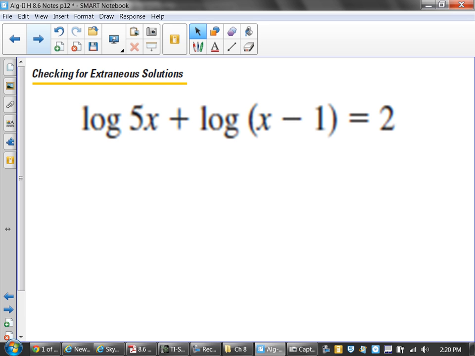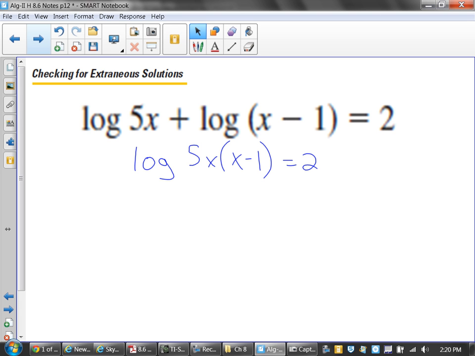So in this problem here, there's an addition sign. What does that mean for the parts of the log? Multiply, good. So what I want to do right away is I'm going to rewrite this in condensed form. If I have more than one log on a side, I'm always going to condense it to a singular log. We get the log of 5x times x minus 1.